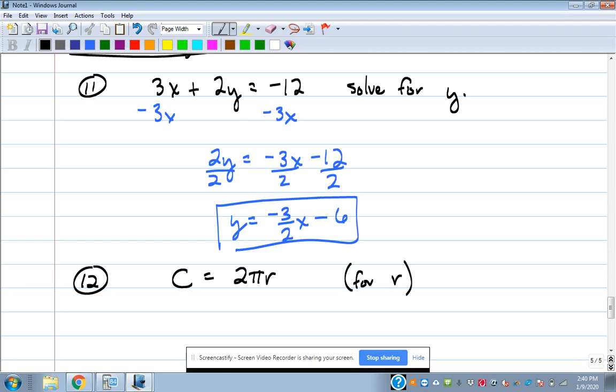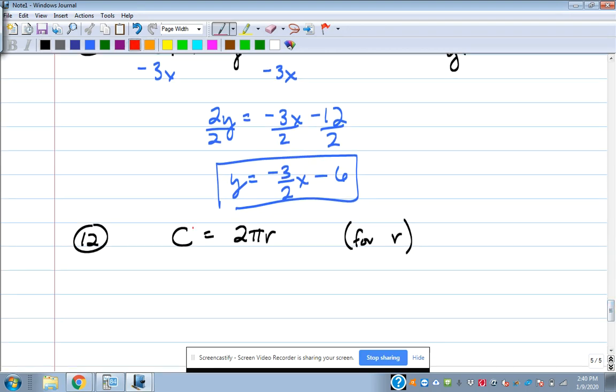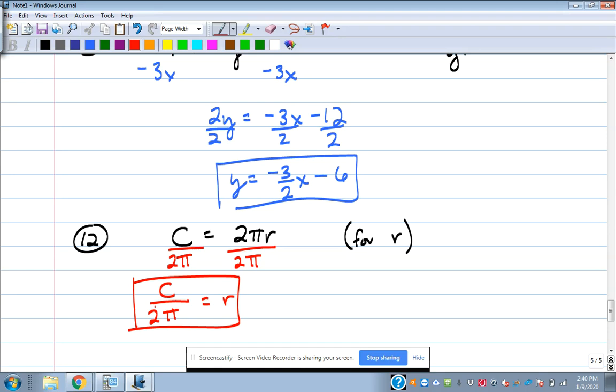Multiplication. So the opposite of that to get rid of it would be divide. What am I going to divide by? 2 and the pi. And we're just going to leave it that funky looking fraction, C over 2 pi. And that's what r is equal to.